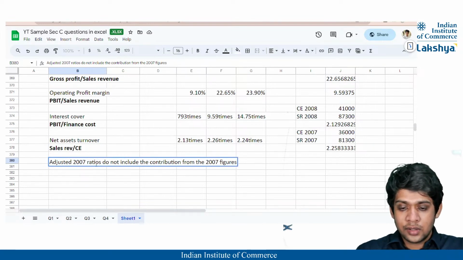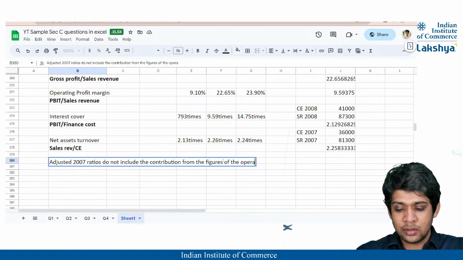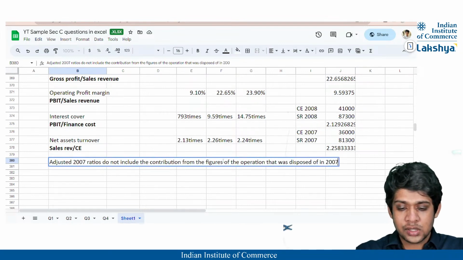from the figures of the operation that is disposed of, that was in 2007.